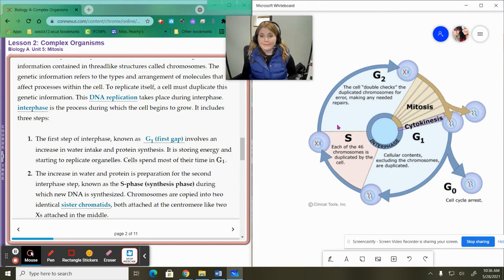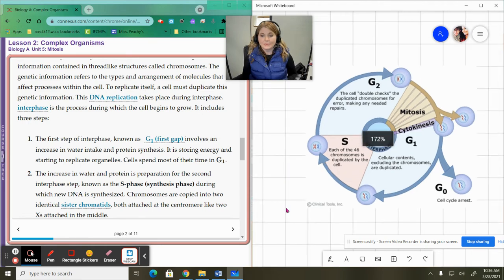Then we have the G2 phase, where we have double checking and more growth. We also have three checkpoints that occur in three different locations along our cell cycle. Again, with that S phase, it says during this, new DNA is synthesized and chromosomes are copied into two identical sister chromatids.